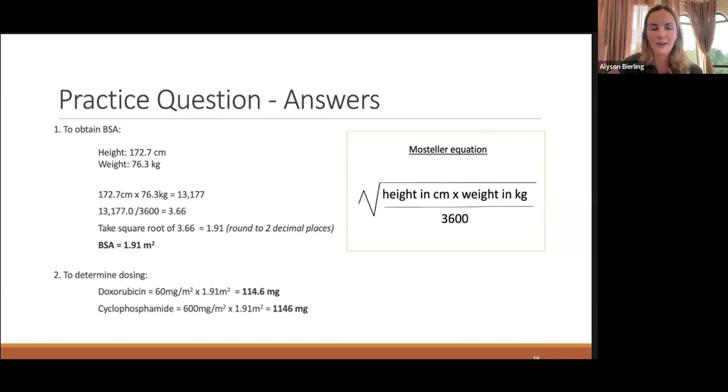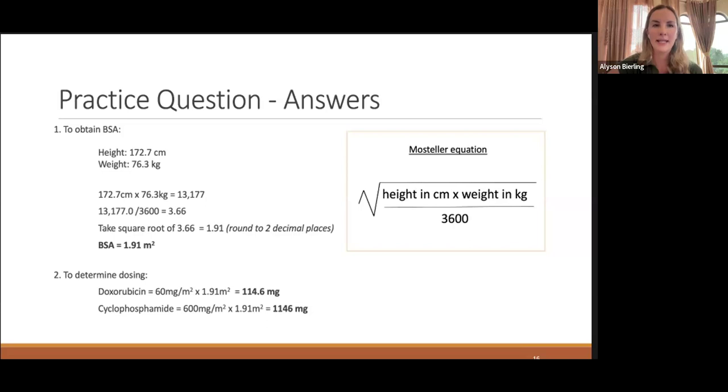Hopefully we all got 114.6, or you could round to 115 milligrams. For cyclophosphamide, you would take 600 milligrams per meter squared, multiply again by the BSA, and we would get 1,146 milligrams for our dose of cyclophosphamide.